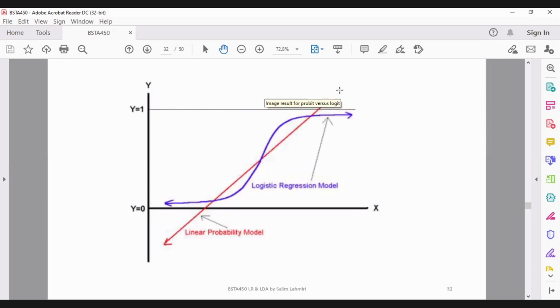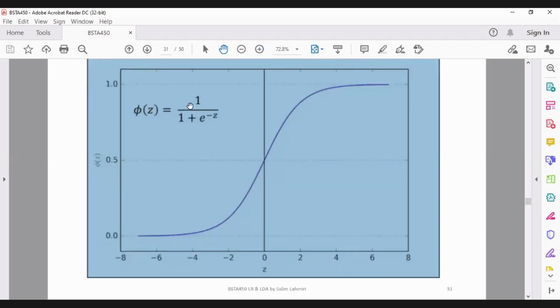By definition, a probability is always between 0 and 1, and the only form where we can assure that the probability of y is between 0 and 1 is by using a logistic regression. This logistic regression assures that the value of y is between 0 and 1, and the form used for logistic regression is this one.